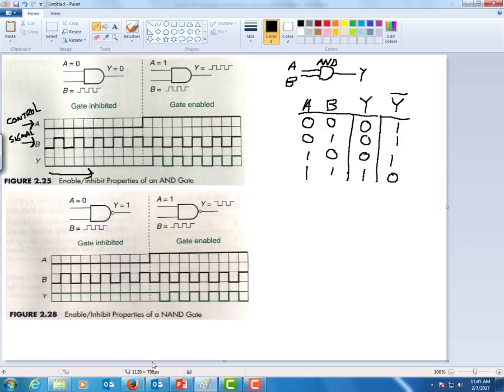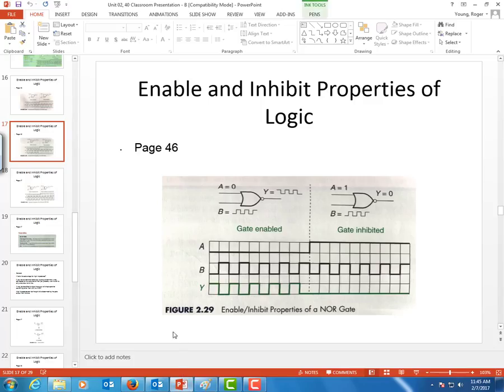Now, I want to show you something in the presentation. We have another gate here. It's a NOR gate. It's an OR gate with an inverted output, obviously. Just look at this time diagram right here. What do you see? In this case, when A is low, which is your control, you have an output.